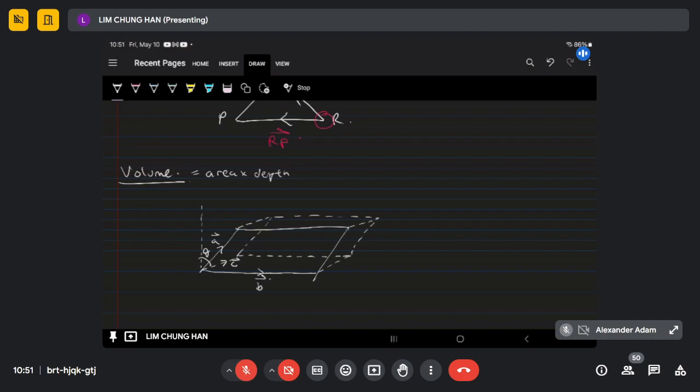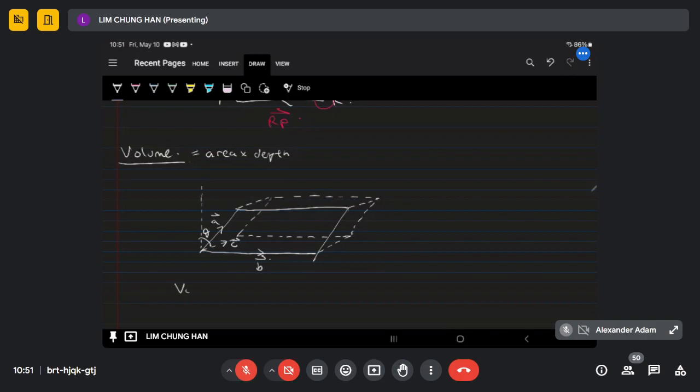So the volume of this parallelogram is B cross C. This B cross C is actually the area of the parallelogram, multiplied by A dot, A cos theta.